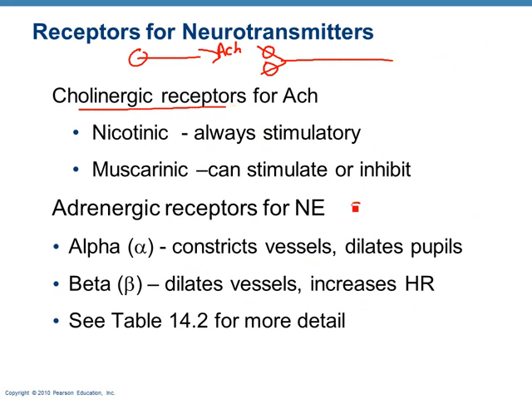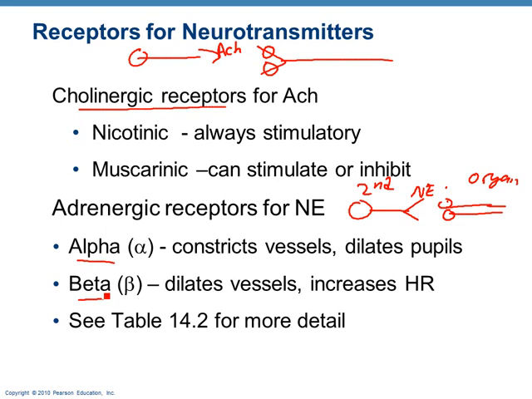If the second neuron is releasing norepinephrine, whatever organ is going to respond to that norepinephrine has to have norepinephrine receptors, and they can either be type 1 or type 2, alpha or beta.